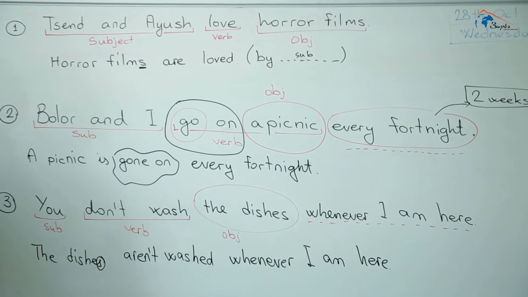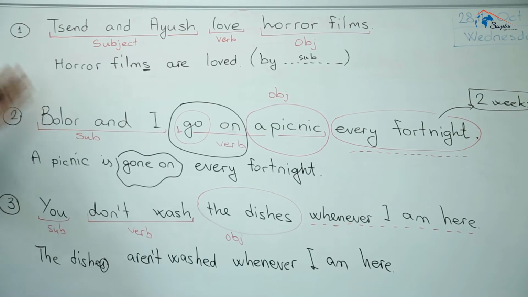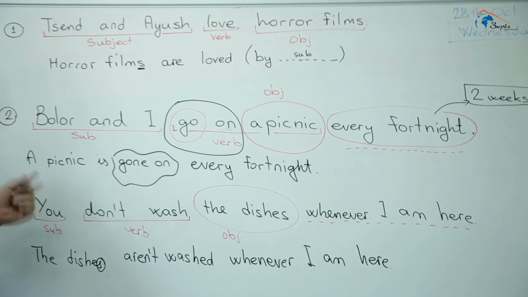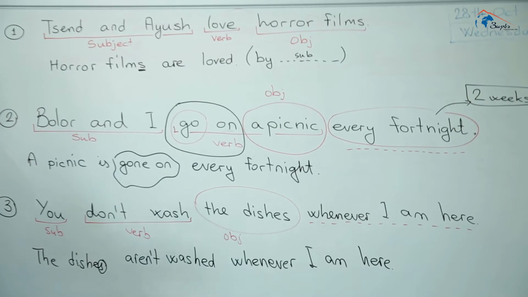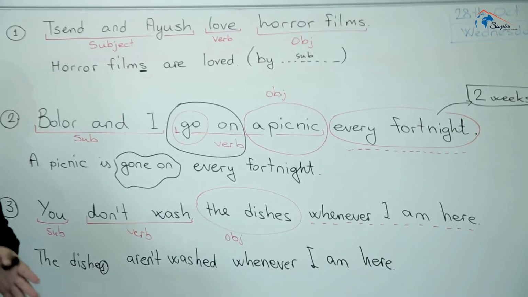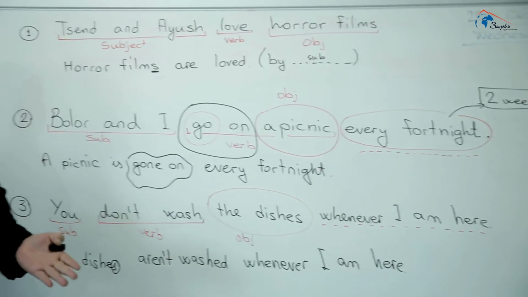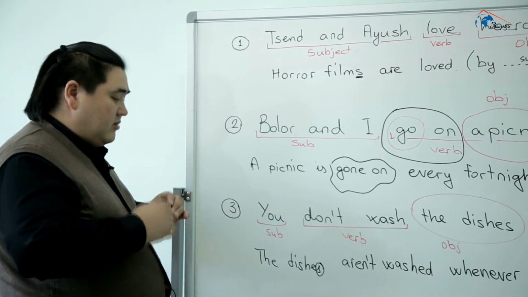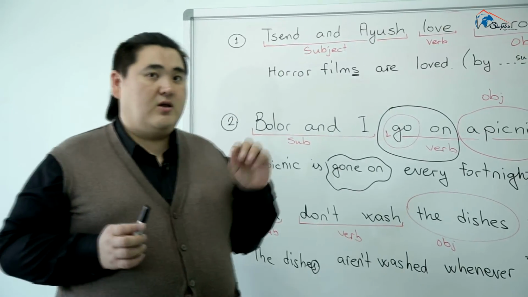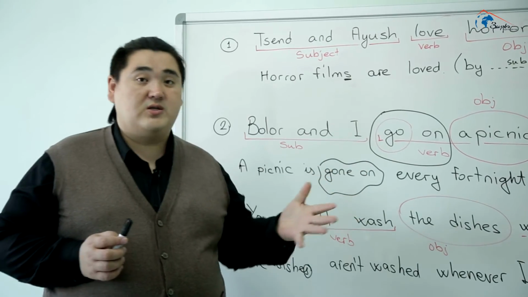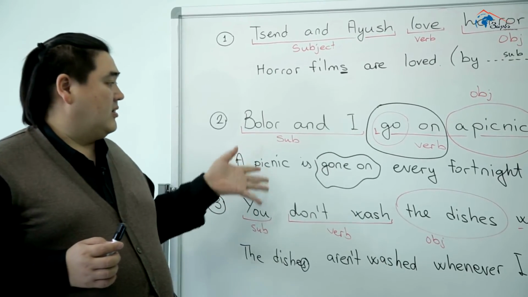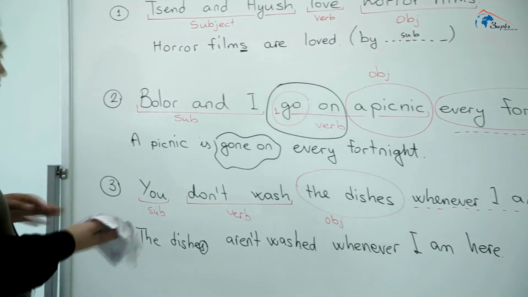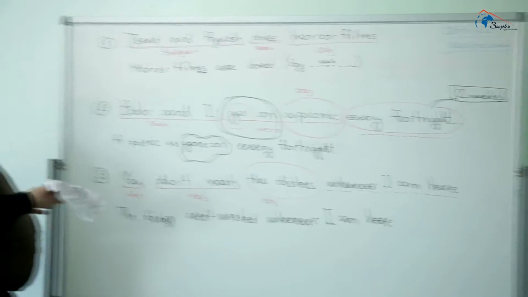So, guys, as you see, any kind of passive voice sentence can be turned into active. But the subject is going to be unknown, somebody or something. It could be anything. So I'm going to give you the 3 more commonly used tenses in passive voice. Here they are. I'm going to erase it now.